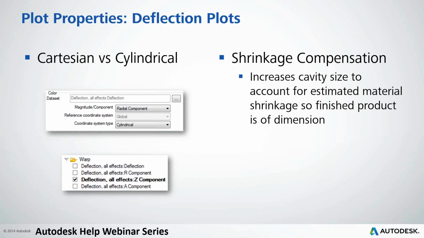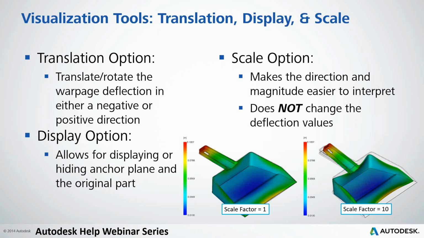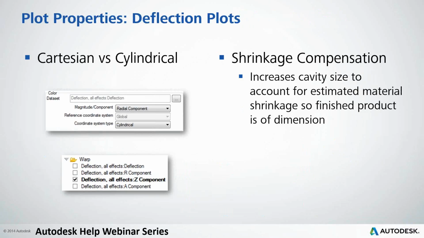This can help to better interpret those results. So you can see once you switch it over to the cylindrical, you get a different option for, say, the magnitude component. There's the radial component as well as, not shown here, the axial component. And it'll also keep the Z component there as well.